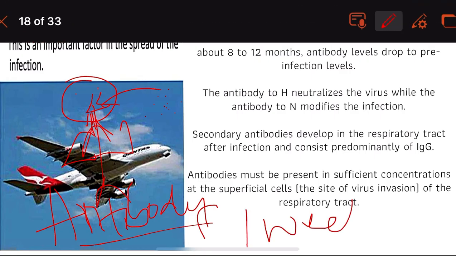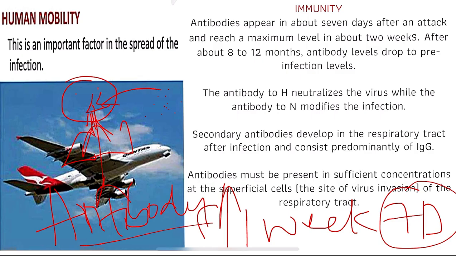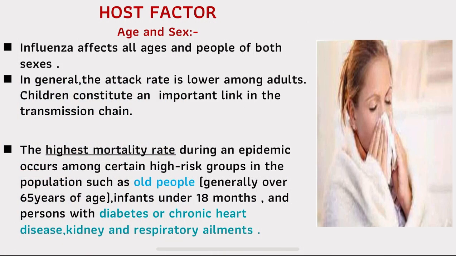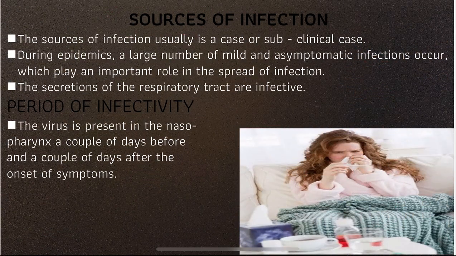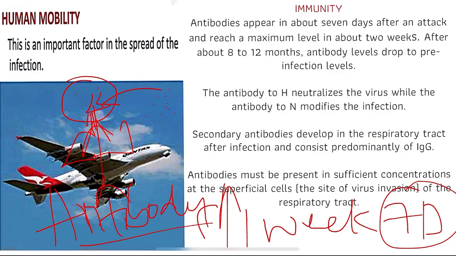And these antibodies will reach the peak maximum level in about 2 weeks. Then 8 to 12 months later, the antibody level is dropping back to the pre-infection level.